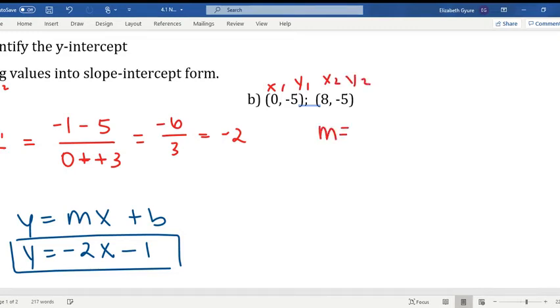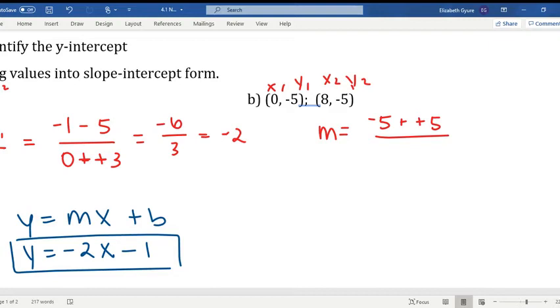For your slope, subtract the y's on top. So what should I subtract on top? Yeah, -5, then minus what? -5 again. Change the double negative into a what?